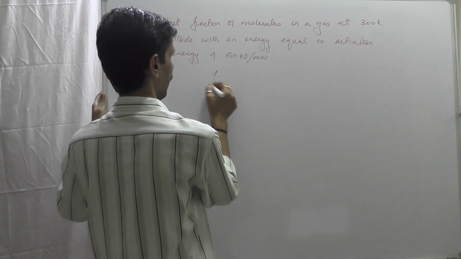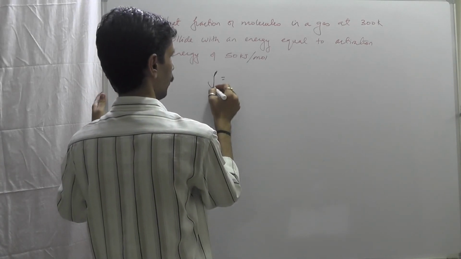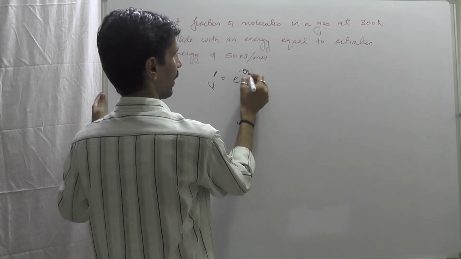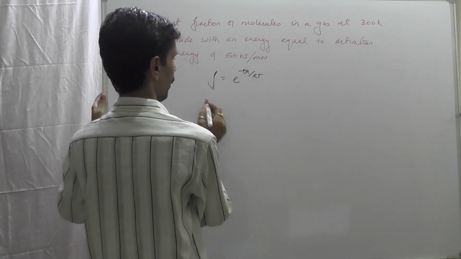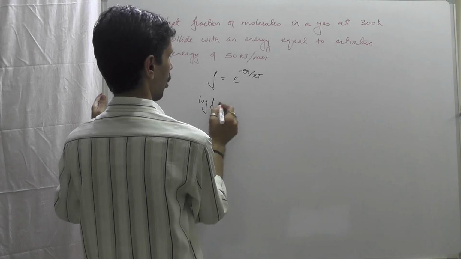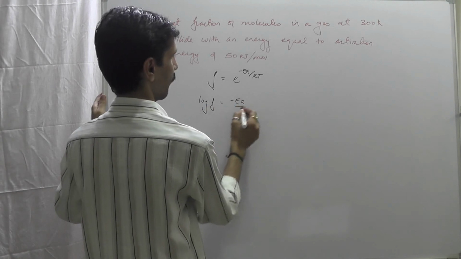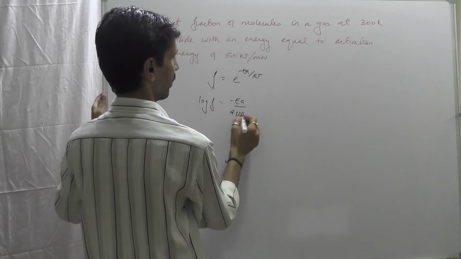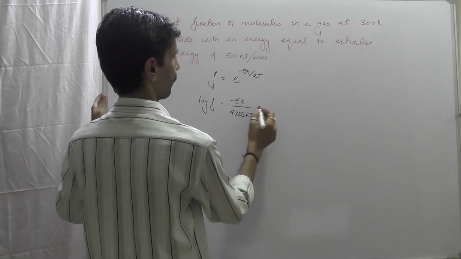Alright, so the formula will be F is equal to e raised to minus of Ea upon RT. So therefore we can say log of F is equal to minus of Ea upon 2.303 RT.